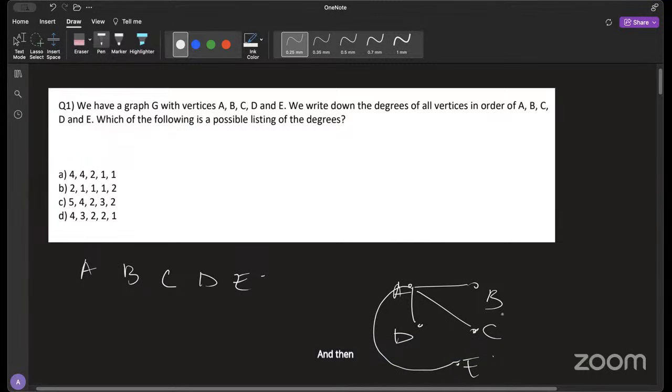And then if B has four, that means it's also connected to all the others. And the others can't. Now, if C has two, you can already see that C has three, right?